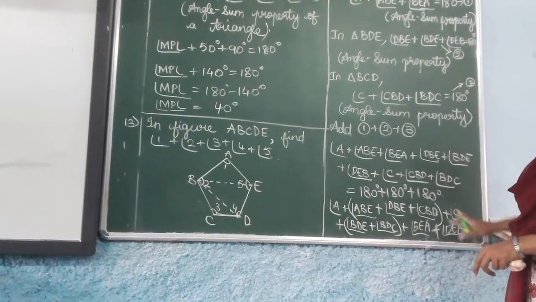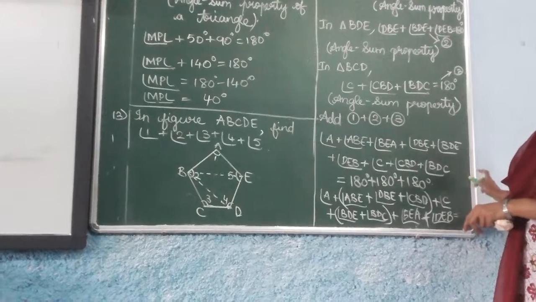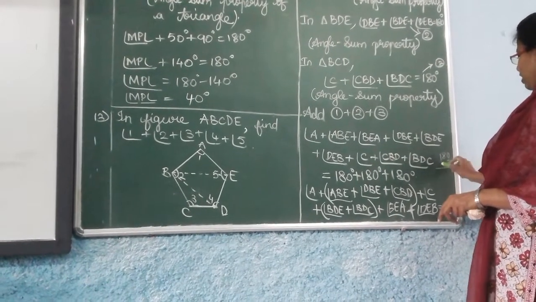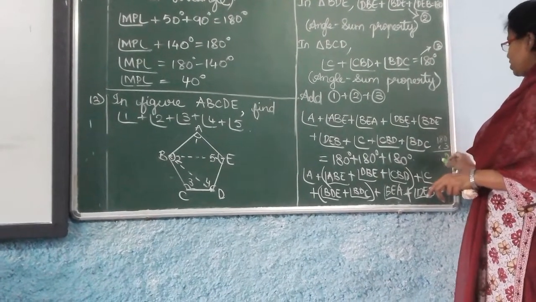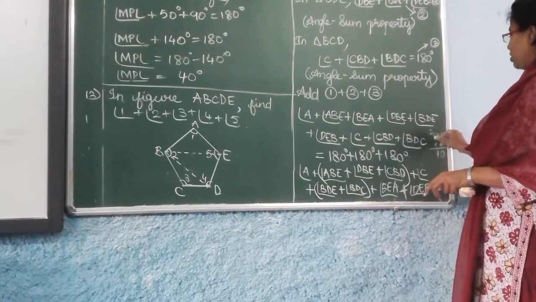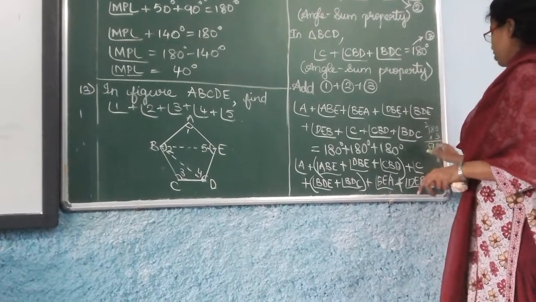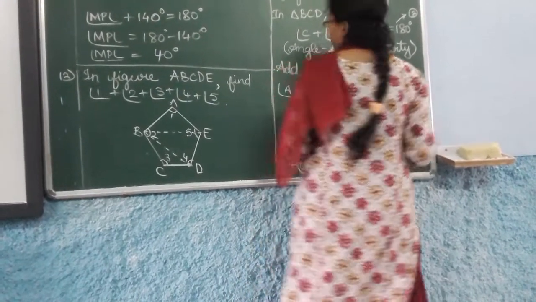So this is equal to 180 plus 180 plus 180. This is nothing but 180, 3 times we are adding, so we will multiply. 3 8s are 24, 3 2s are 6. Sorry, 3 1s are 3, plus 2 is 5. It's 540 degrees.